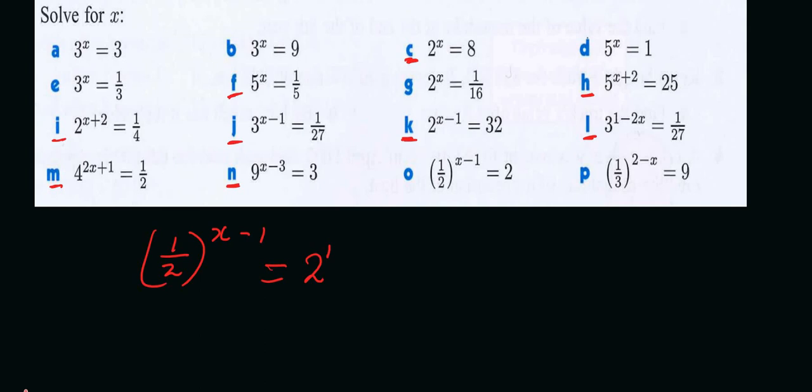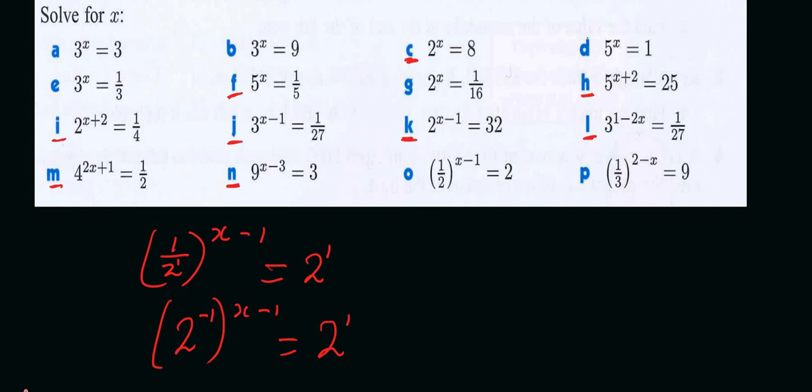Now this fraction, we're going to change that to a negative exponent. So this denominator is like having an exponent of 1. So this will become 2 exponent -1 in parentheses, x minus 1, equal to 2 exponent 1.